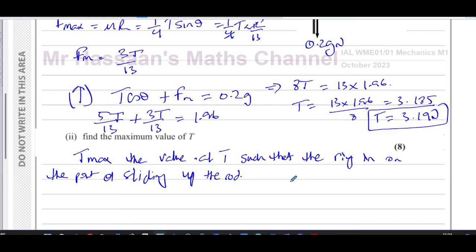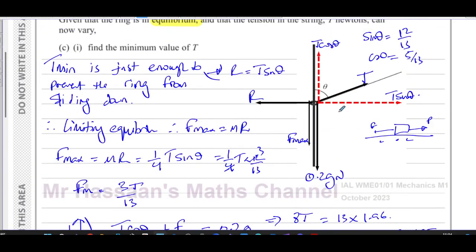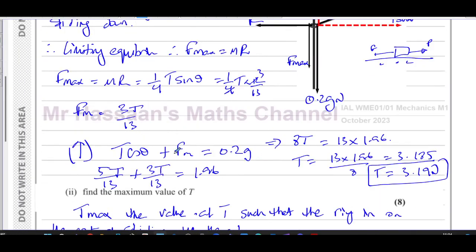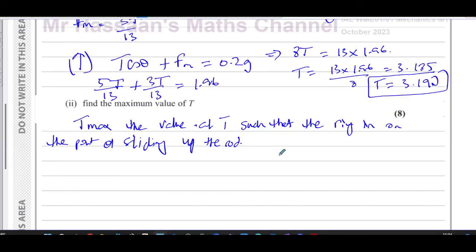Okay, so I hope that was clear. So now it's going to be the same equation as we had here, except this time acting up is T cosine theta, but acting down is the weight and the friction. They're both acting down to prevent it from going up. So we have the same kind of situation.